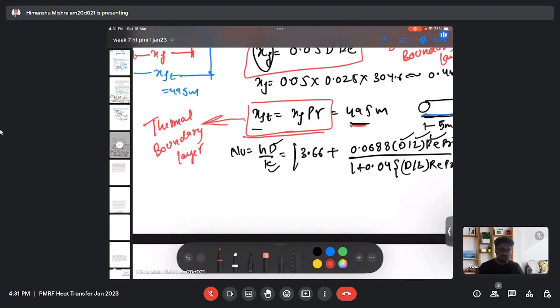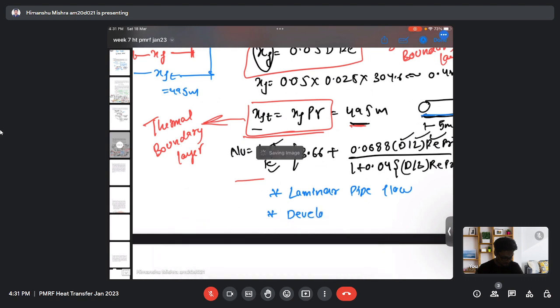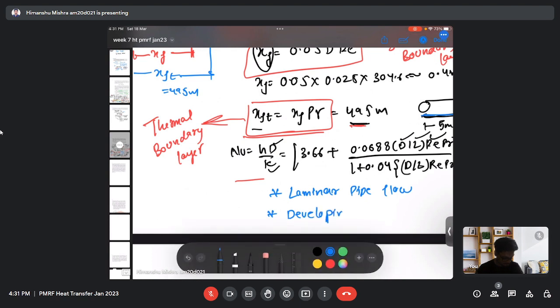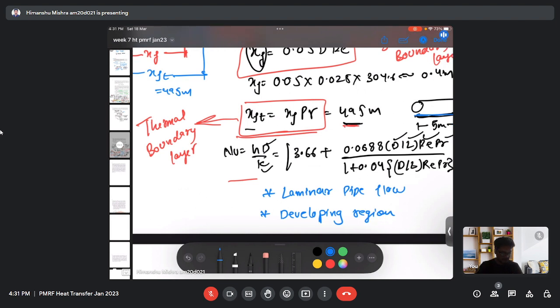So based on this information, we use the Nusselt number relation, which is valid for laminar pipe flow and developing region. For the fully developed region, the expression will change, and the expression will have, I think, only this parameter, which is Nusselt number equals 3.66.